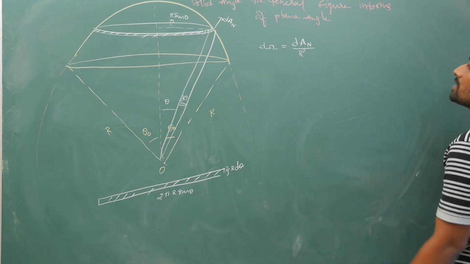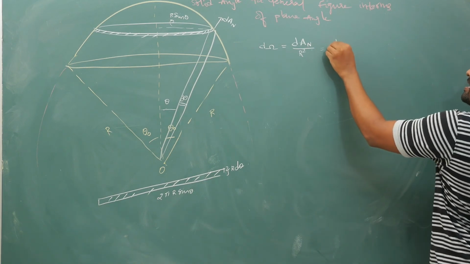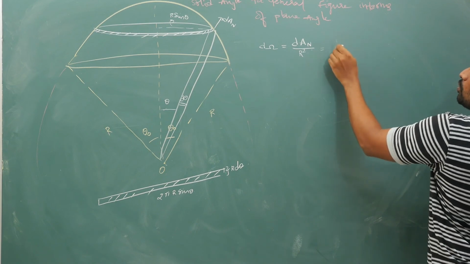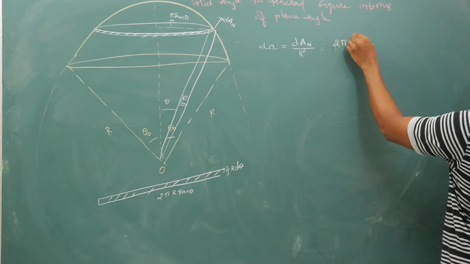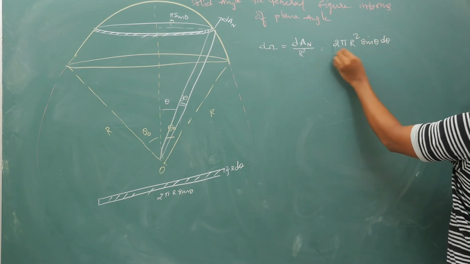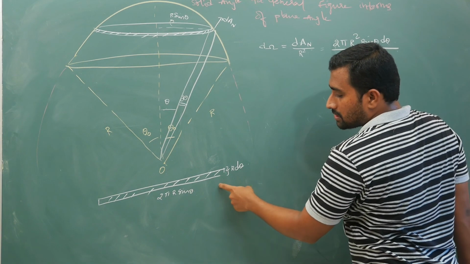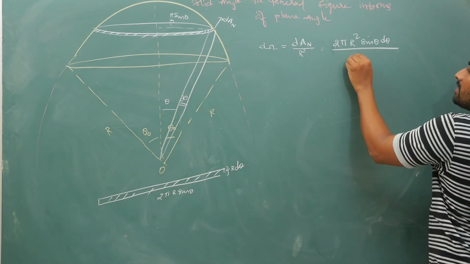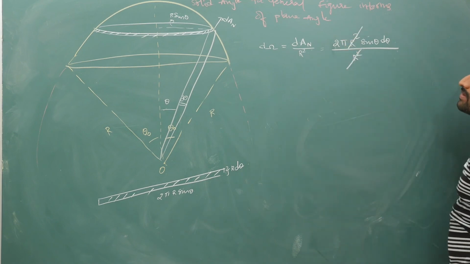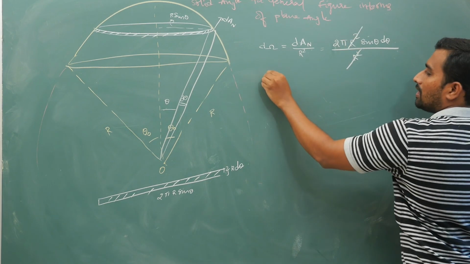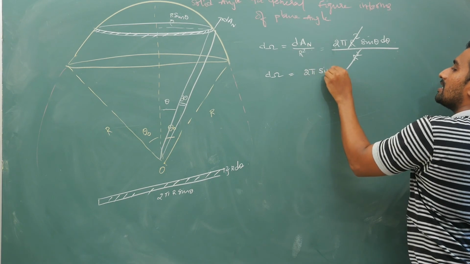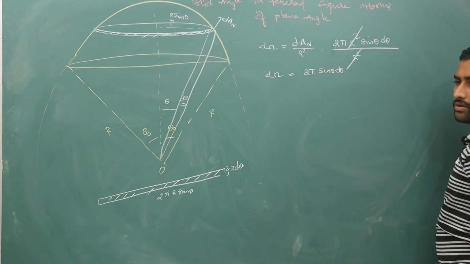So your small area dA is 2 pi r square into sin theta d theta. For a small rectangle like this, your area is length into breadth by r square. So r square will cancel off. Your small solid angle d psi is 2 pi sin theta d theta.